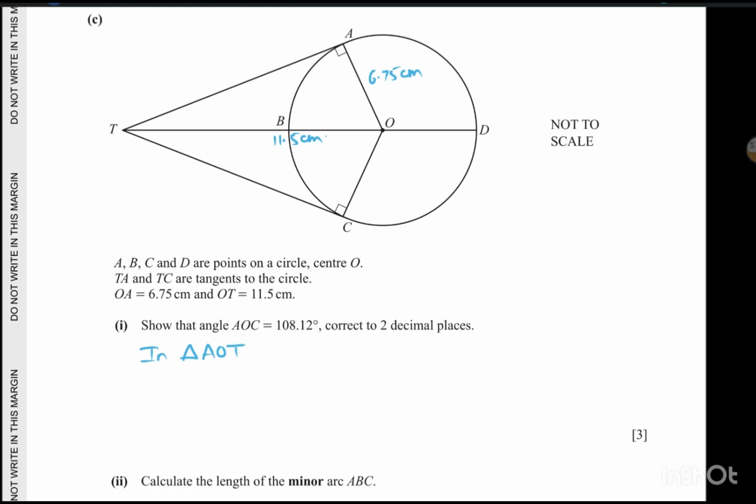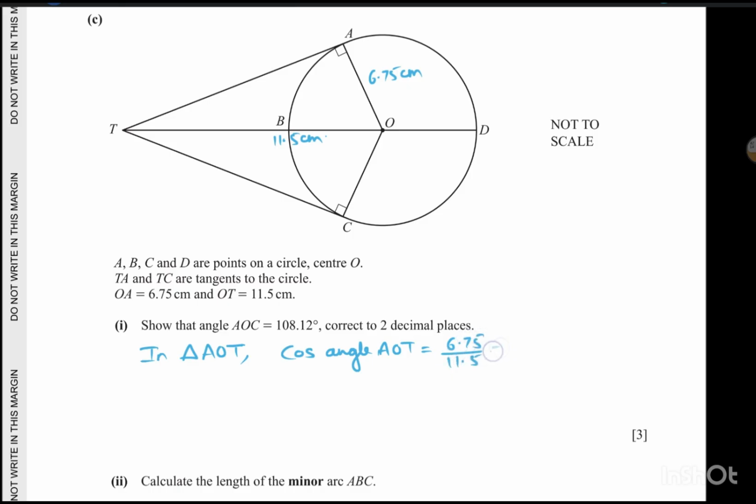So using the cos rule, let us find the angle AOT. Cos of angle AOT will be adjacent side by hypotenuse, 6.75 by 11.5.